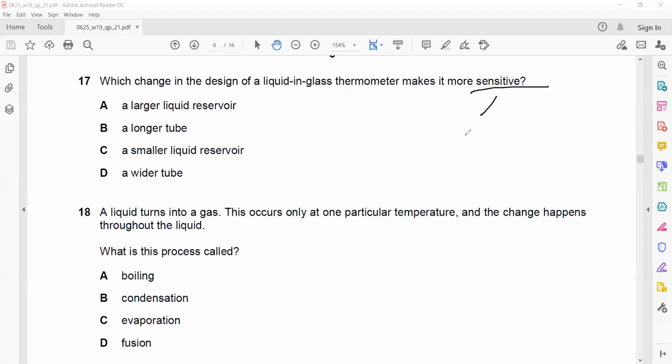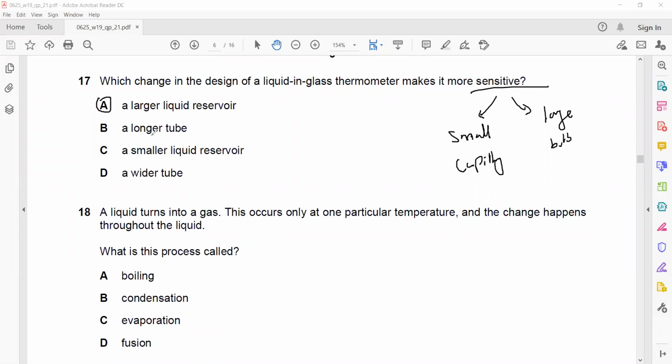Sensitivity can be increased by using a small capillary or a large bulb, or greater volume of the liquid. A large bulb means more liquid will be there. So the correct answer is A.